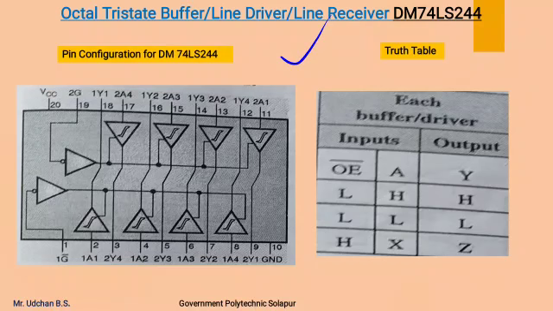If these lines are at logic high level, then all the outputs go into high impedance state as shown in this truth table. The 8-bit IC can functionally be split into two 4-bit sections so that they can be operated together or separately to drive one 8-bit bus or two separate buses.